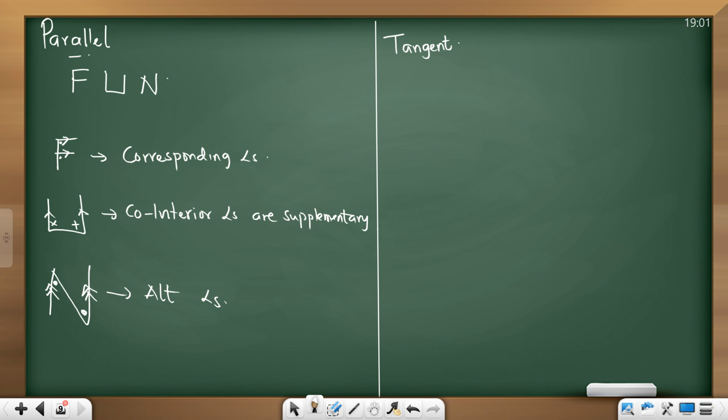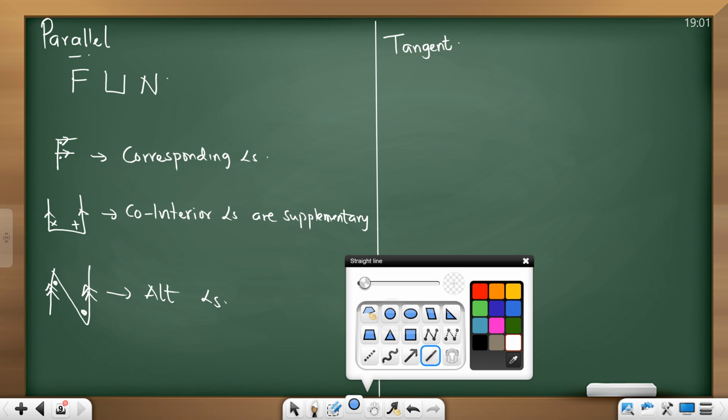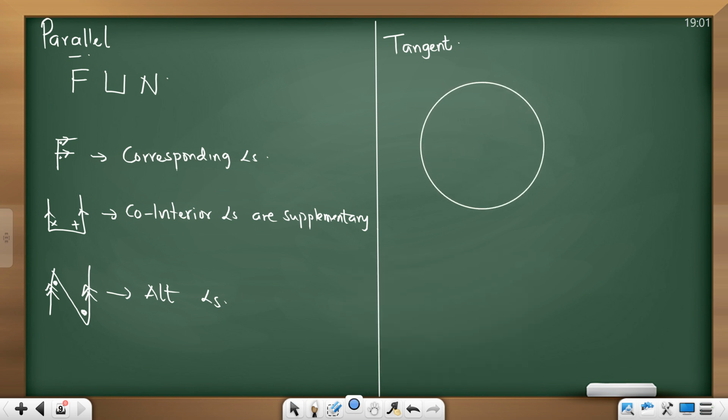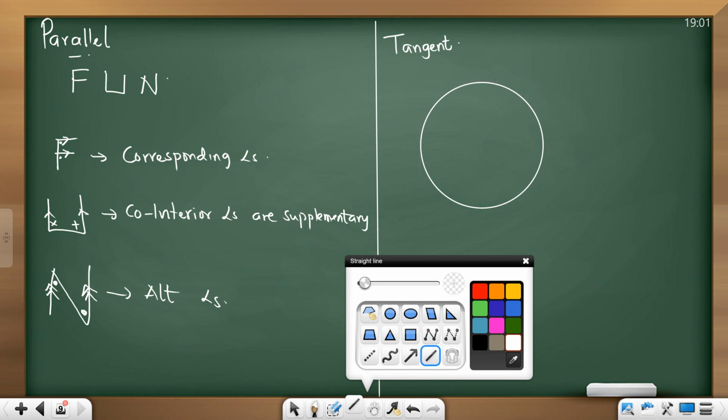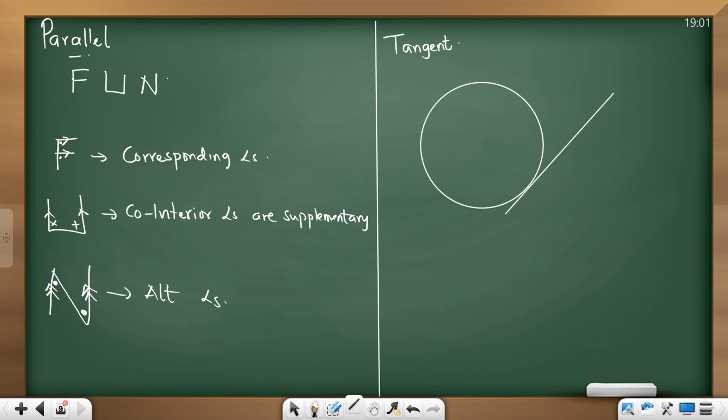The first thing is, what is a tangent? A line that touches the circle just once. If it enters, it's no longer a tangent. That's a tangent there. And do you remember the 3 theorems here? You've forgotten?